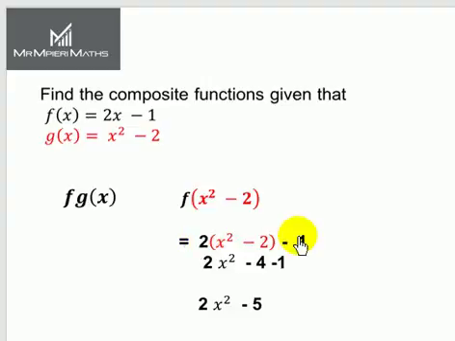You can leave the answer this way. There is no issue. Or you can go ahead and tidy it up. If you multiply this, you have 2x squared, minus 2 times 2 is 4. Then you've got that minus 1 here. Then tidy this up. So 2x squared, then a minus 4 and a minus 1 together is the minus 5. So this is your simplified answer.